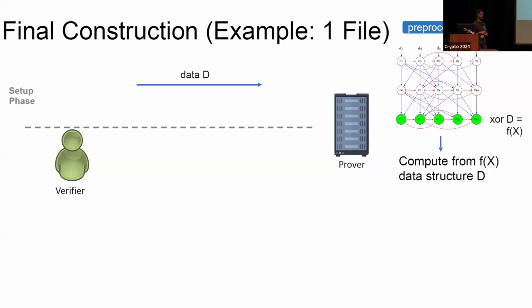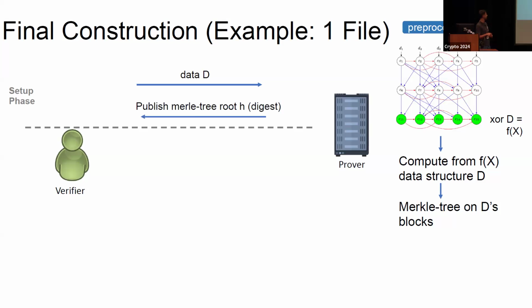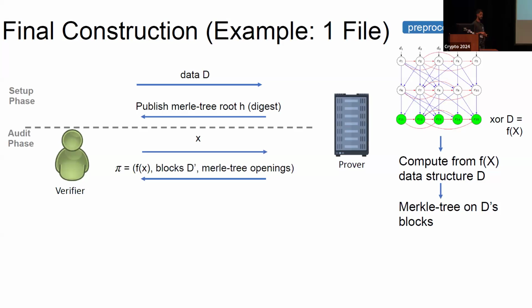Now that you have this data structure, you commit over the blocks of the data structure, and you publish the digest. In the audit phase, you get x, and you compute the proof as I told you before. You check the computation: you check the Merkle tree openings, you compute y from the blocks read, and you compare the two outputs.